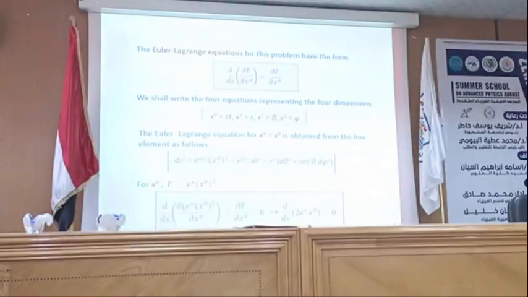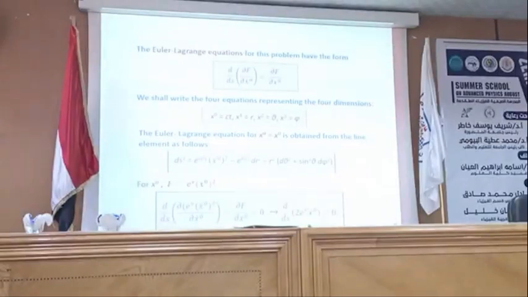These are the coordinate system in general. Now I can write the line element again, but this time, instead of CT, I put x dot 0 square. This 0 is the dimension.